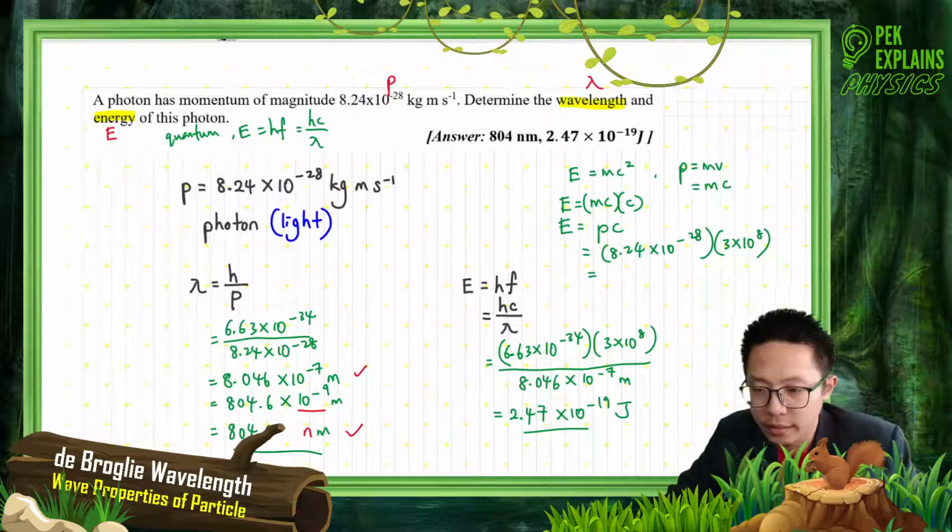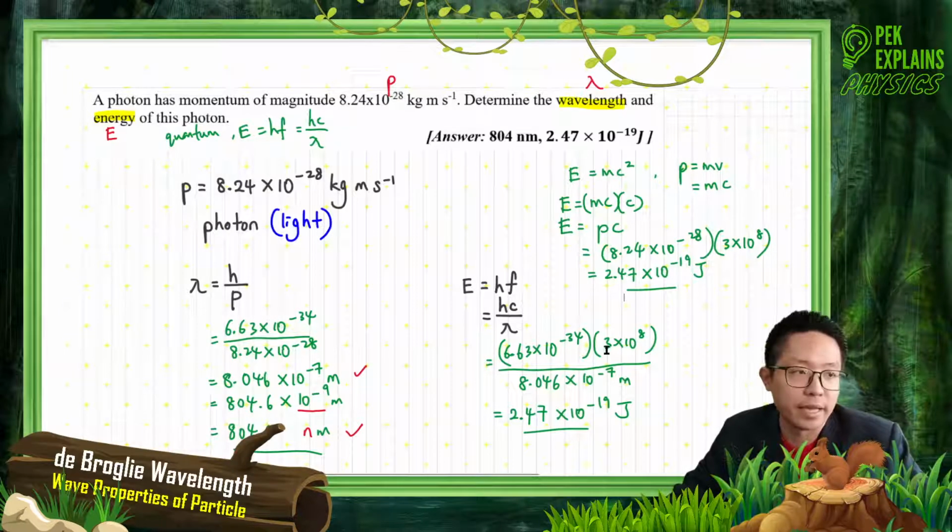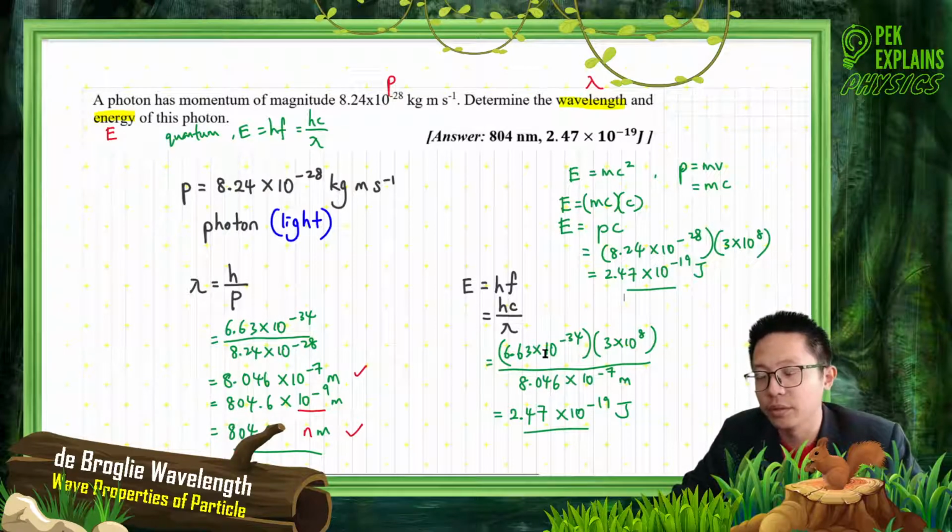Let's calculate. The answer is 2.47 × 10^-19. Is it the same as below? Yes, exactly the same. So this formula lambda equal to h over momentum is actually derived from Einstein's E equal to mc squared and Planck's formula E equal to hf.